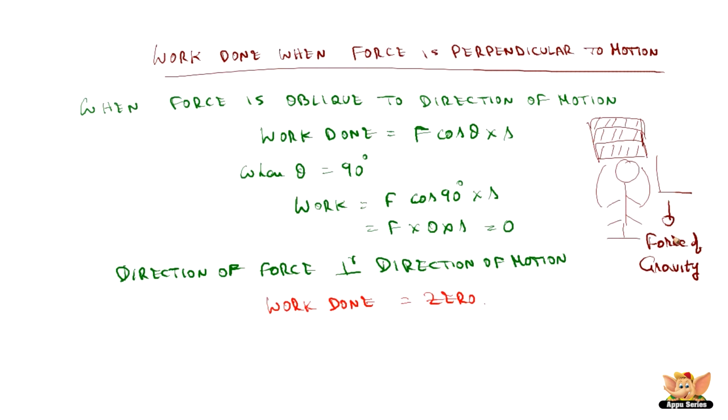This is the force of gravity, and this is the displacement, because the man is moving and the suitcase also is moving with the man in a horizontal manner. Then the angle is 90 degrees and cos 90 is 0. So work done in this case is 0.